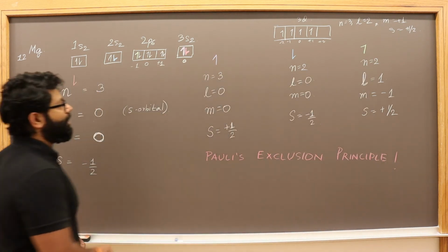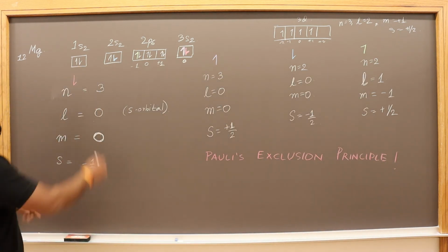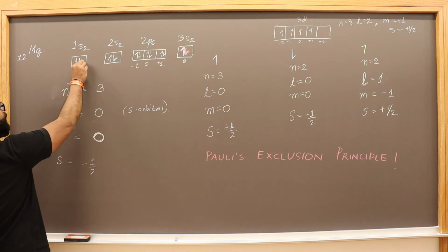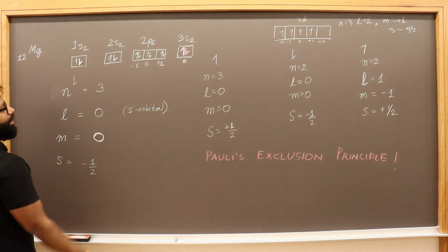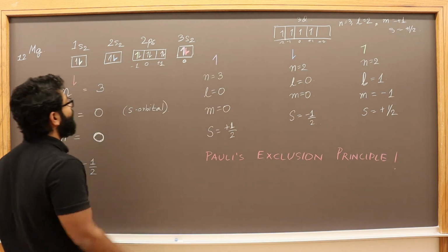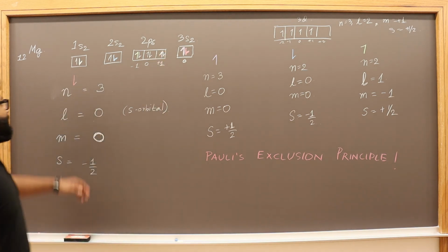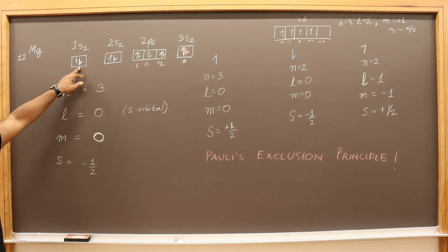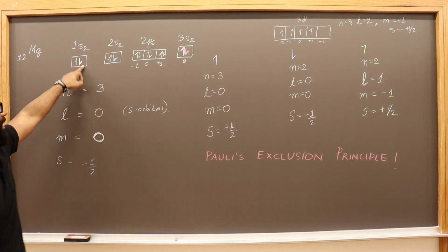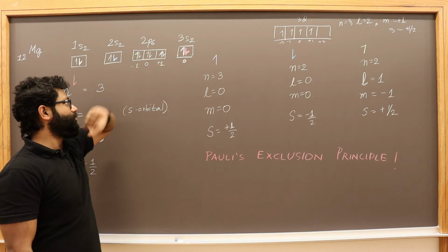Say you look at the down spin of the 1s and the up spin in the 2p. The principal quantum number is different, because in here it is 1 and in here it's 2.